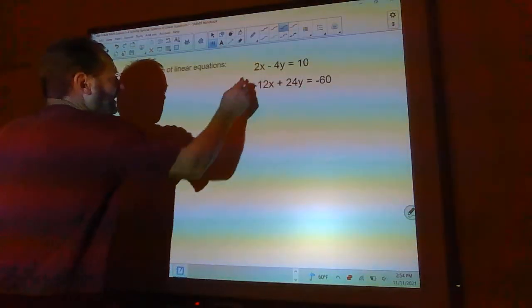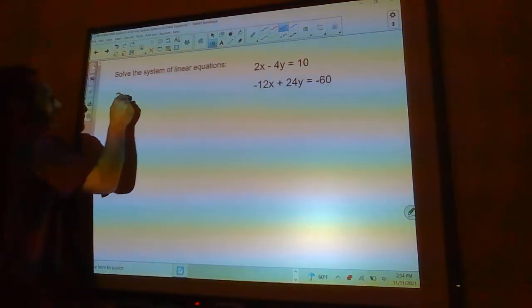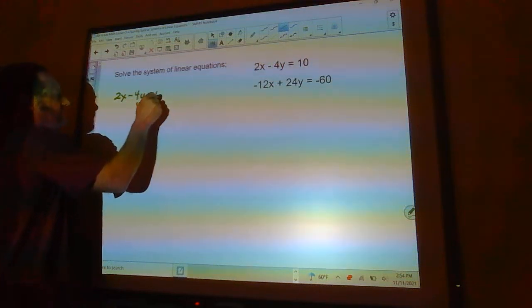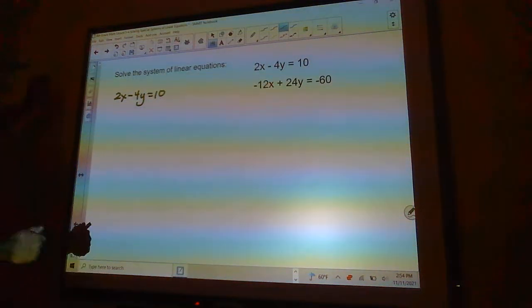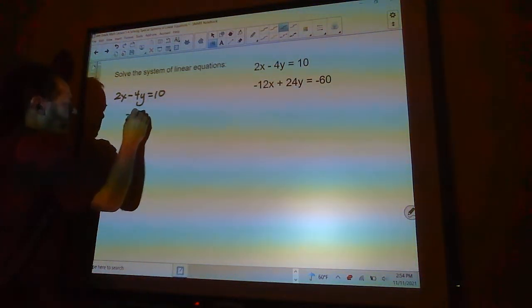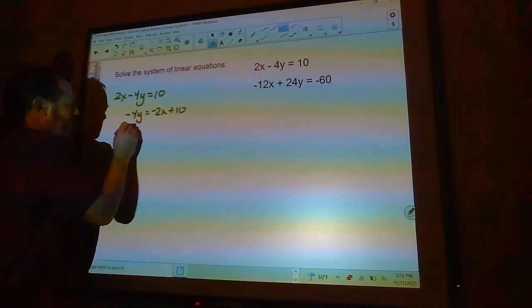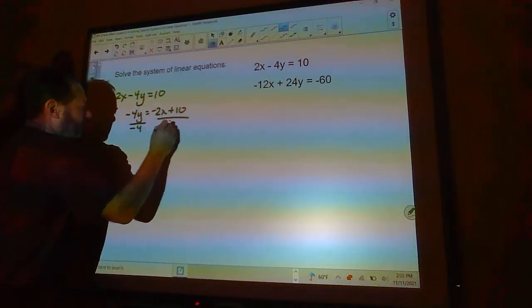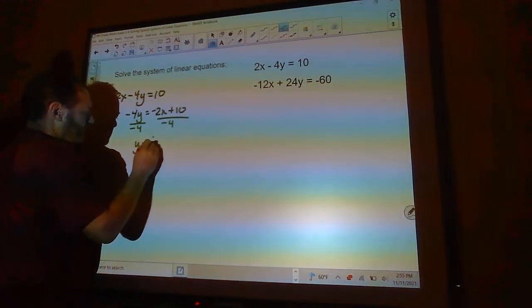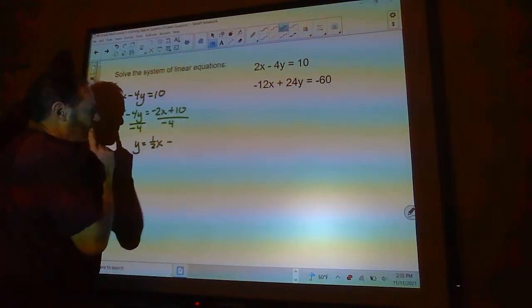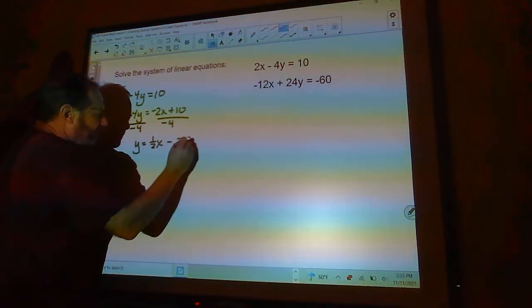Okay, so we can take this equation, 2x minus 4y is 10. Probably the best way to do these is just put them in slope-intercept form. So I subtract 2x from both sides, divide by negative 4. This is 2.5. Okay?